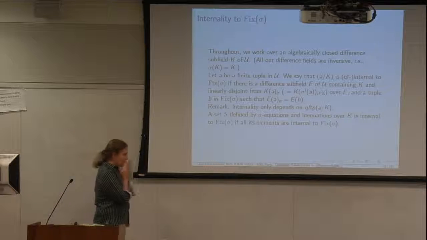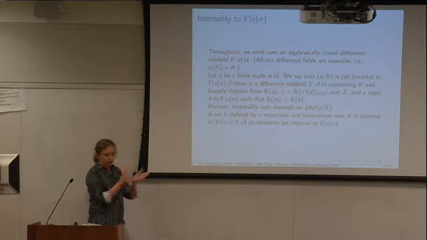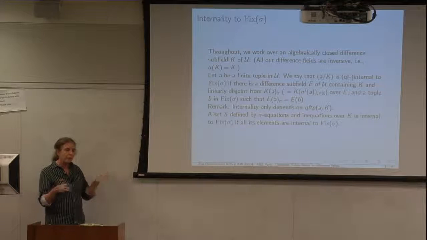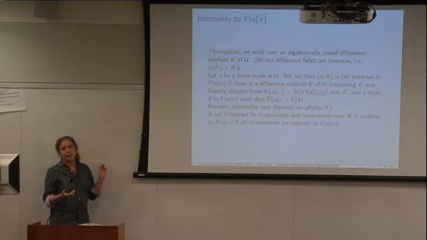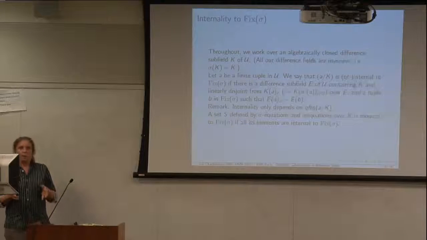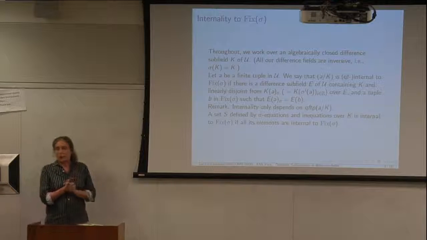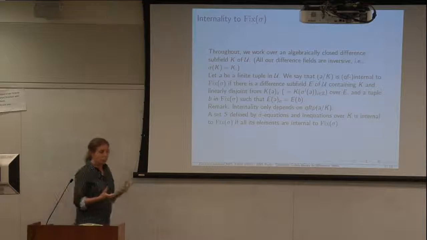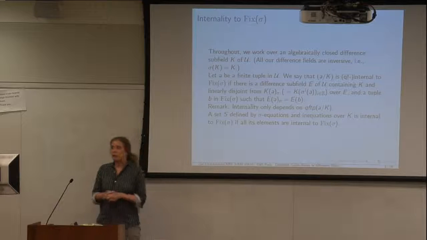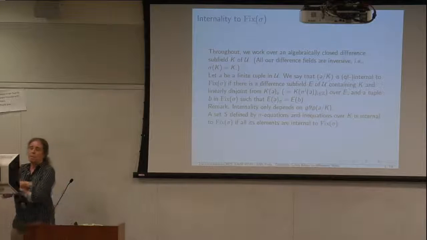Throughout, I fix an existentially closed difference field, as I said, large. Everything is going to be happening inside. I have a smaller algebraically closed difference subfield K. You have a finite tuple in U, and I'm first going to explain what I mean by QF internality to fixed sigma.